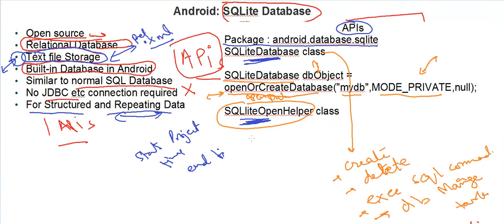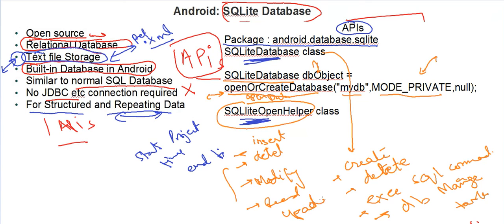For example, if we want to change or insert some record, or delete some record, or modify some record, or read some record from inside the database, we can also say the term update is better instead of modify. Update. So we use the SQLiteOpenHelper class for this purpose.